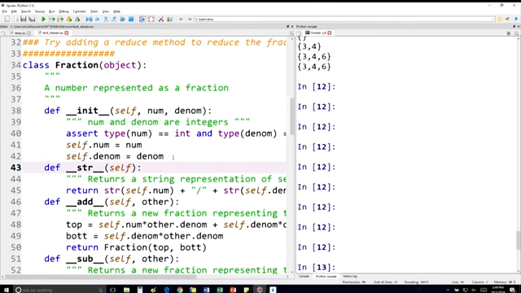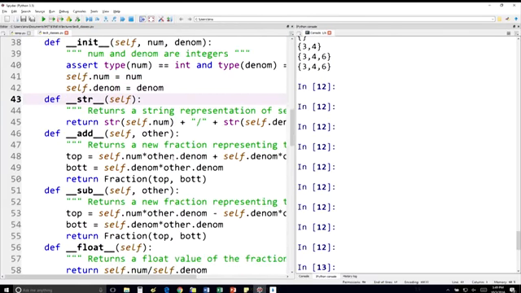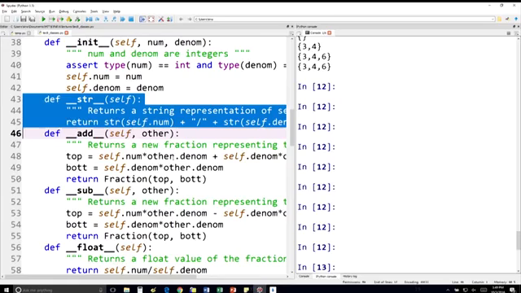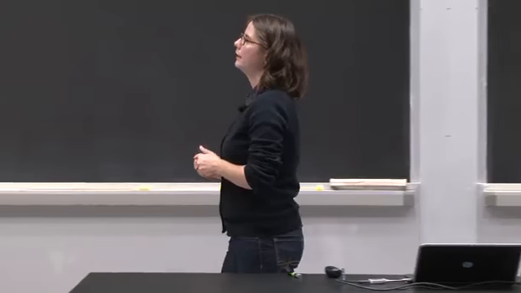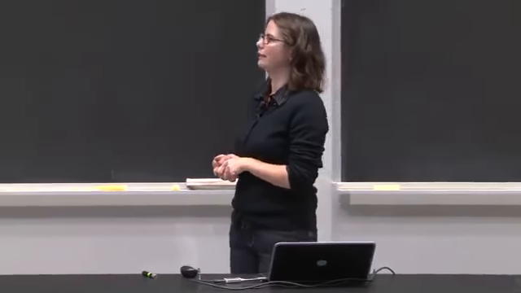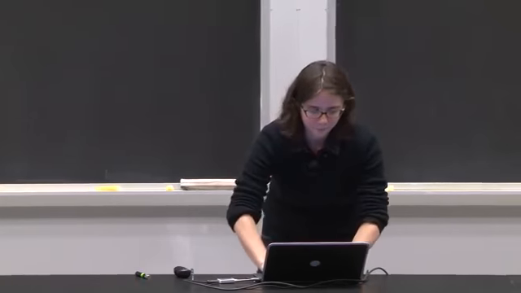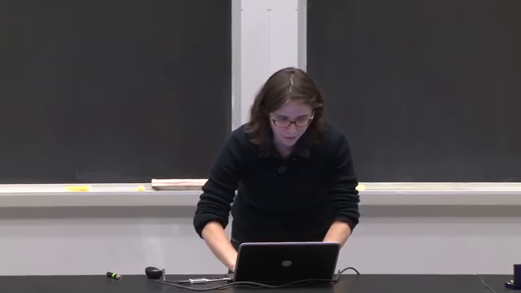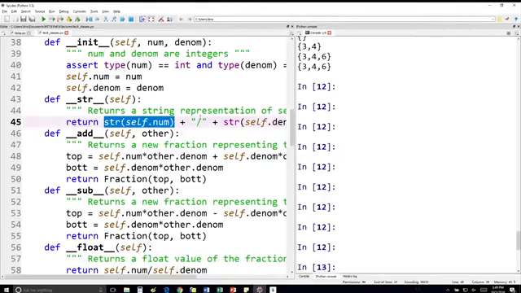Since I plan on debugging this code, possibly sometime in the future, I'm also including an str method. The str method is going to print a nice looking string that represents the numerator, and then a slash, and then the denominator.